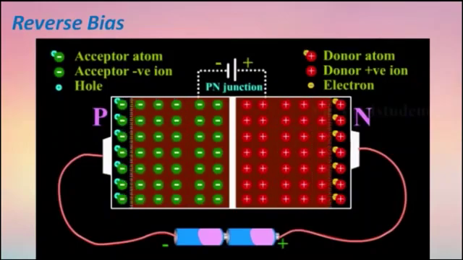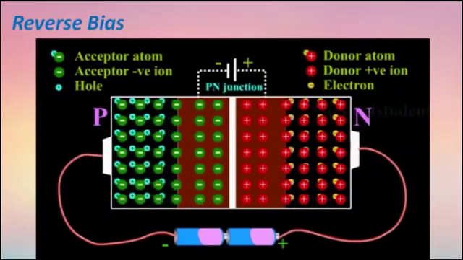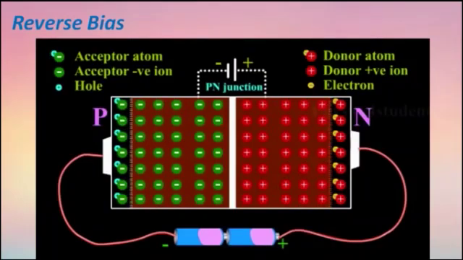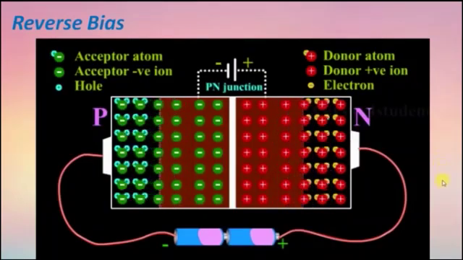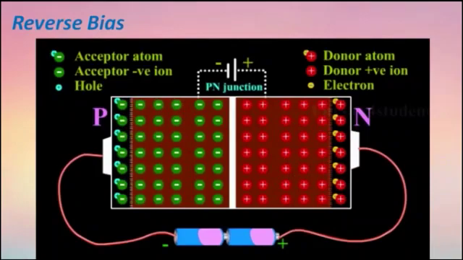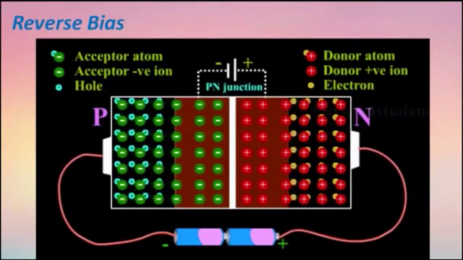Here the positive potential is connected to the N-type material, and the electrons in the N-type material are attracted towards the positive terminal. The holes in the P-type material move towards the negative terminal.